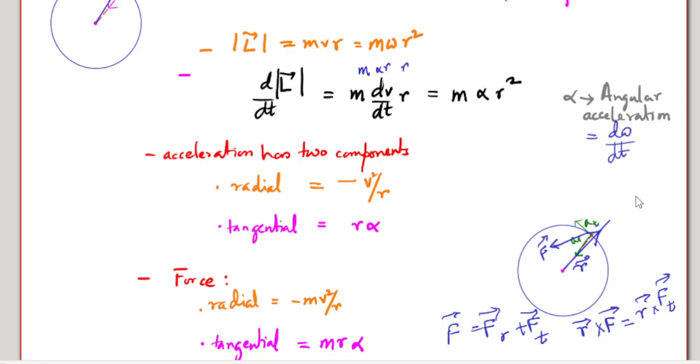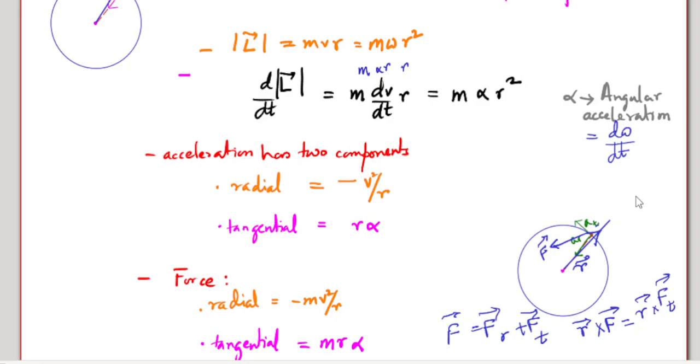Note that L vector here has a constant direction, so its rate of change is essentially in that direction, and its magnitude of the rate of change is the same as the rate of change of the magnitude. This is not true in general for vectors which change direction. The change in the vector cannot be captured only by the change in the magnitude.